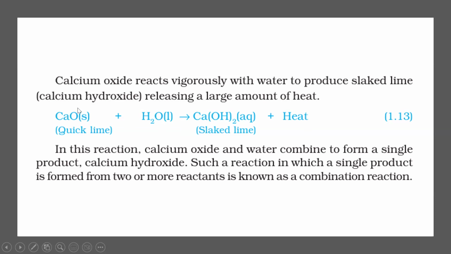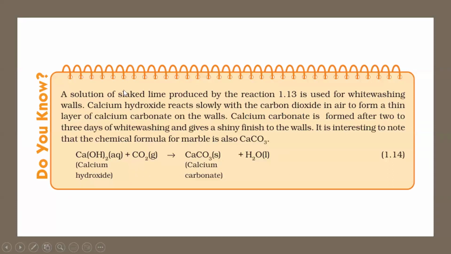When calcium oxide is added to water, a combination reaction is taking place and calcium hydroxide is formed. Do you know a solution of slaked lime? Slaked lime is produced by the reaction of calcium oxide with water, right?